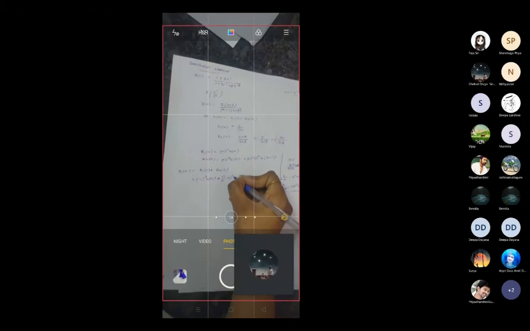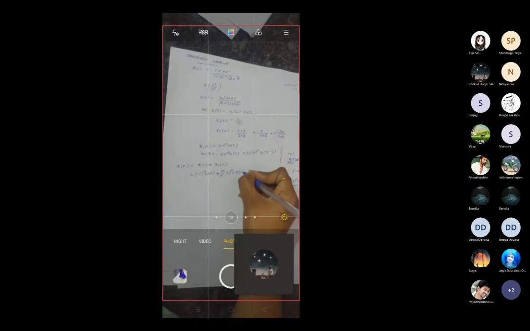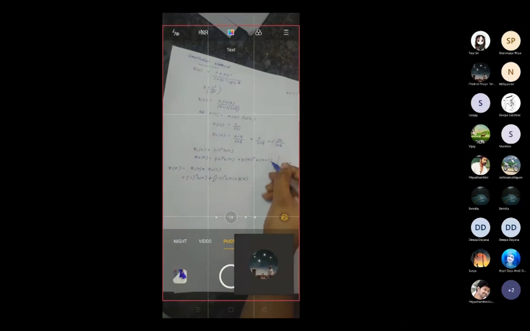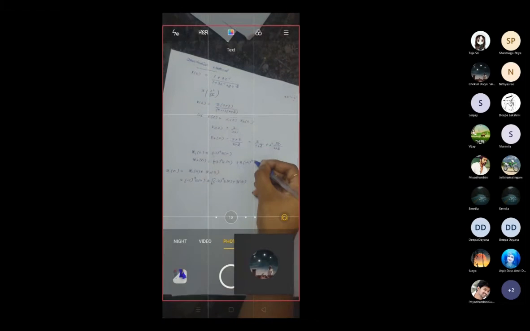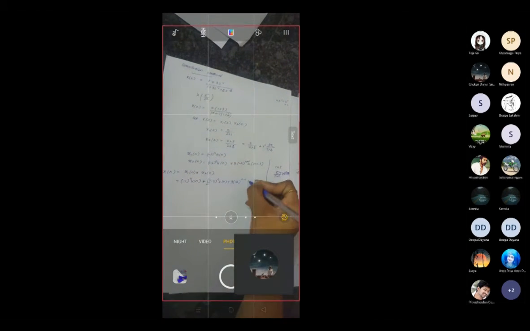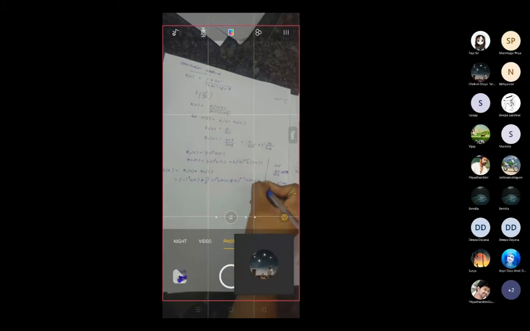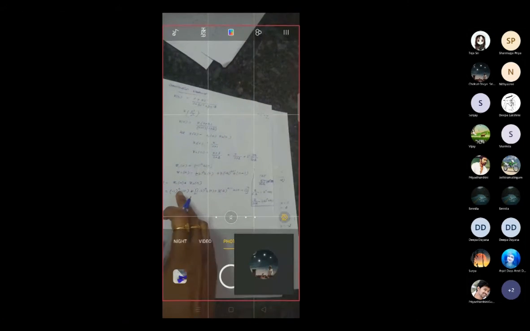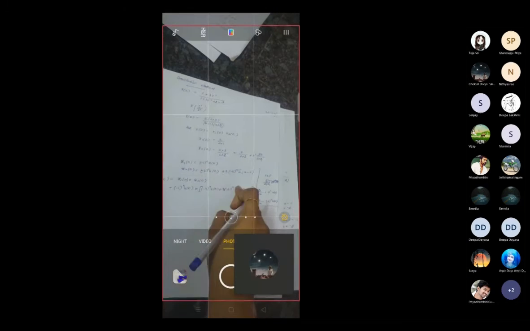Minus 2 power n into u of n plus 3 into minus 2. If you are writing the shifting, here also you have to write the shift: n minus 1, u of n minus 1. Next, you have to multiply this with this and this with this.